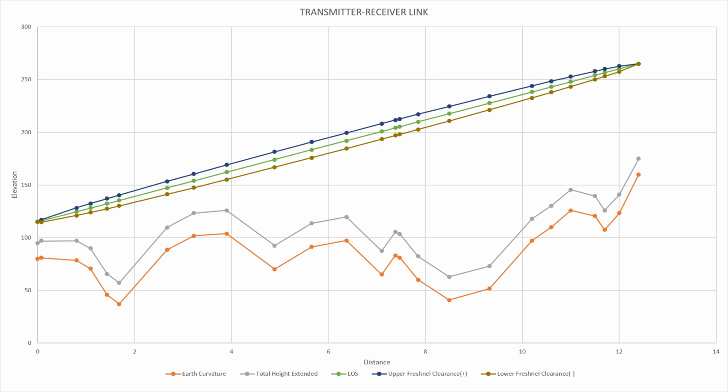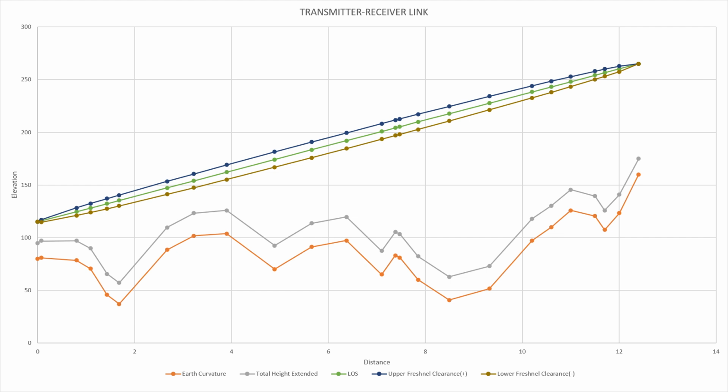And for the last slide, we have the graph itself. Now, the orange line represents the earth curvature, the gray line represents the total height extended, and the LOS is the green line.